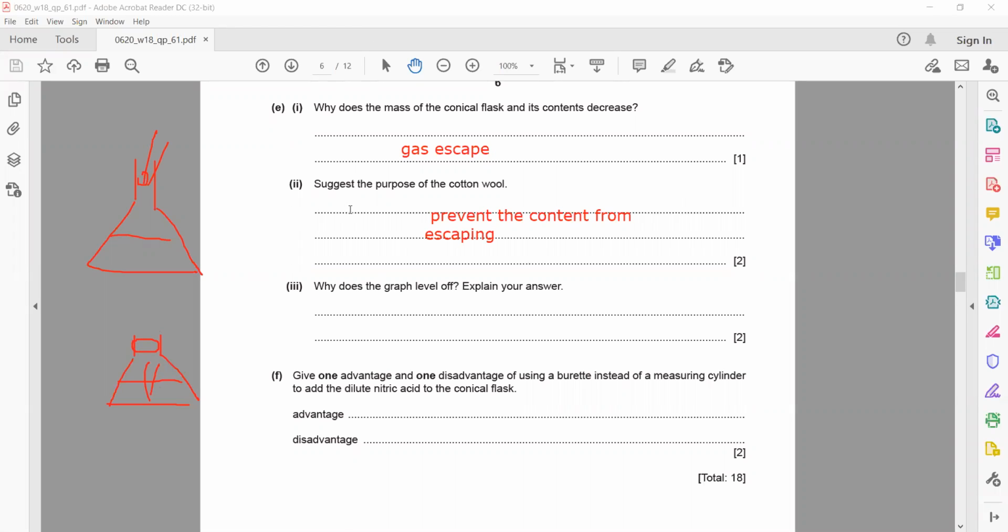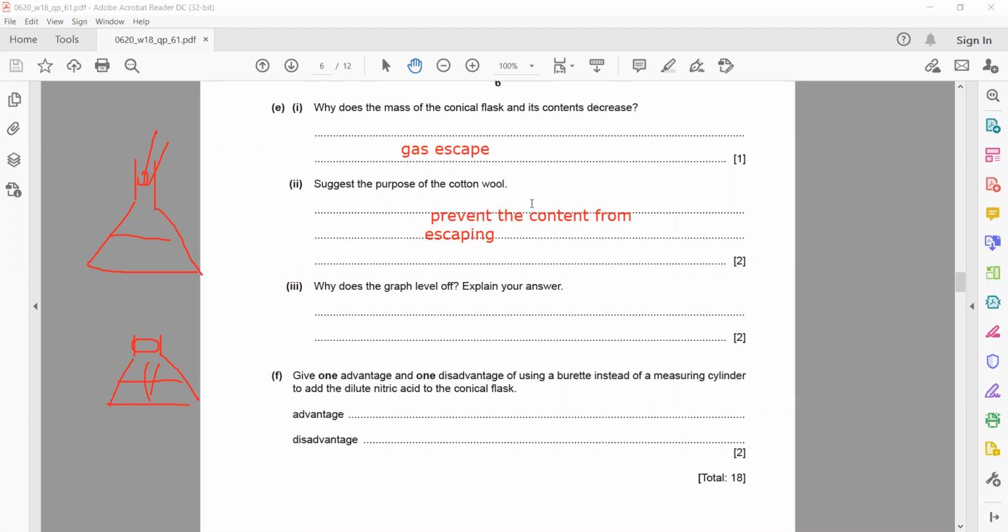Why does the graph level off? Explain your answer. What is the reason why the graph levels off? Yes, the limiting reagent used up. And what is the limiting reagent here? Acid is the limiting reagent, so you should mention the acid used up. That's why no more reaction.